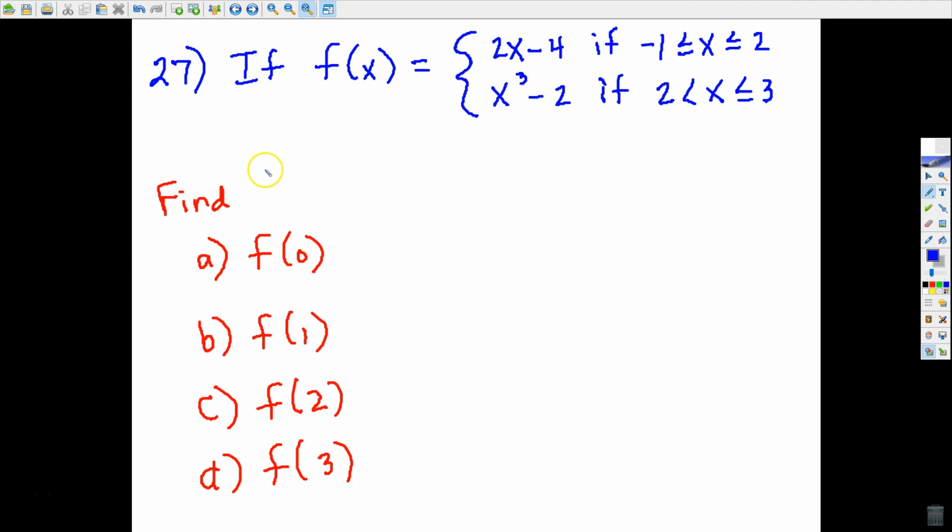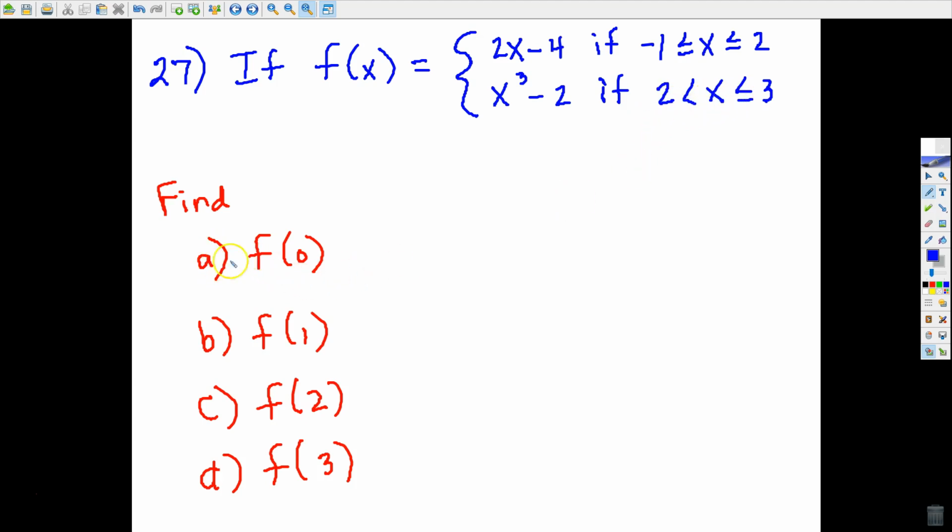On number 27, we are supposed to find these values, these function inputs, but notice our two pieces have domains stated after them. So in other words, for this piece, this is the domain, these are the inputs, and for this piece, we're going to use these inputs.